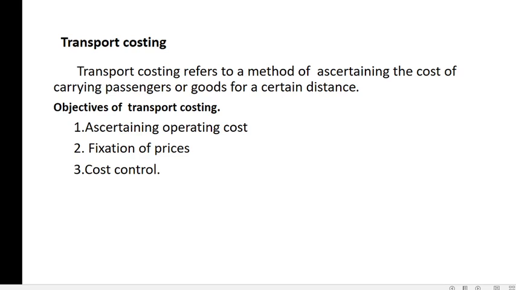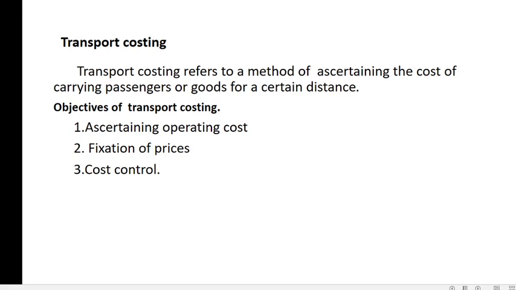Now we come to transport costing. So what is transport costing? Transport costing refers to a method of ascertaining the cost of carrying passengers or goods for a certain distance. The cost unit is generally passenger kilometer or ton kilometer. Here, the total operating cost is divided by corresponding passenger kilometer and carrying cost of one passenger for 1 kilometer is found out.